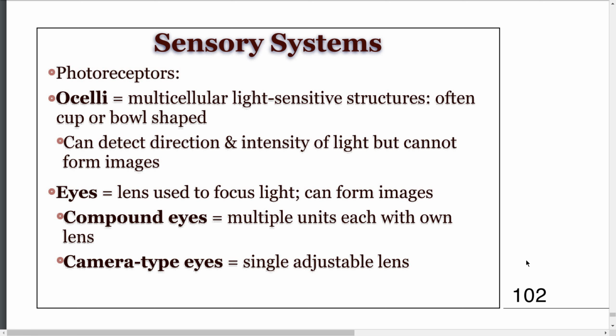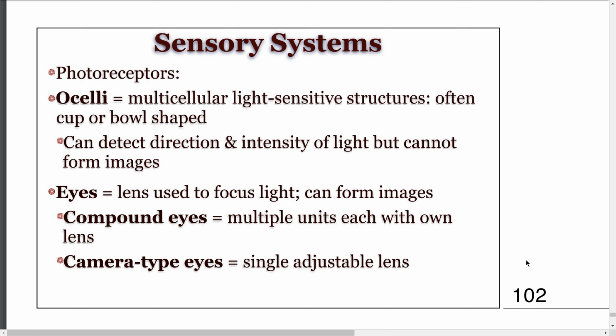So for example, Nautilus have what are called pinhole camera type eyes, where you have a retina, the sensory surface, in a circular structure like our eyes, but instead of having a lens in front, you just have a very small opening. But that actually works the same way, which focuses the light onto the retina, so they can form images. You just need a lot of light to do it.